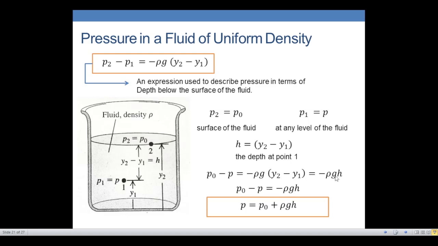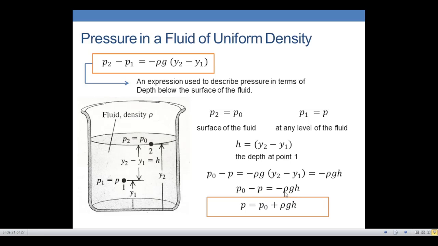Okay? So, we will just eliminate this particular expression because the y sub 2 minus y sub 1 here is actually the h. So, we will not anymore use this particular mathematical expression here. So, we could express it like P sub 0 minus P equals negative density, or minus density times gravity times the height. Okay? I hope that is clear.